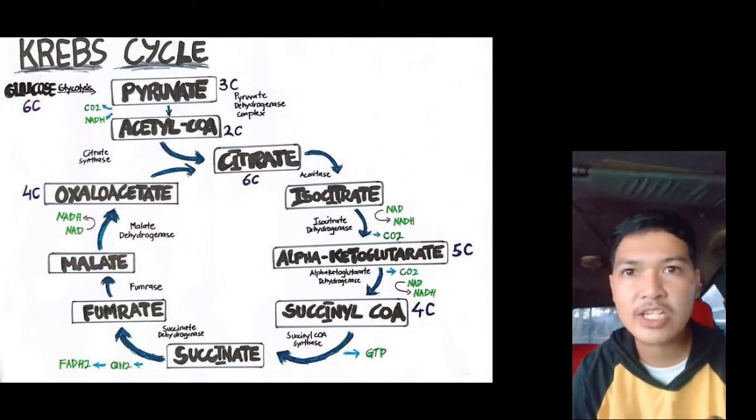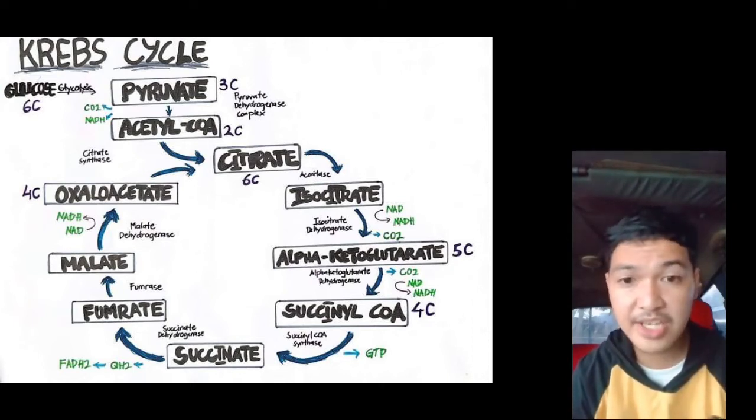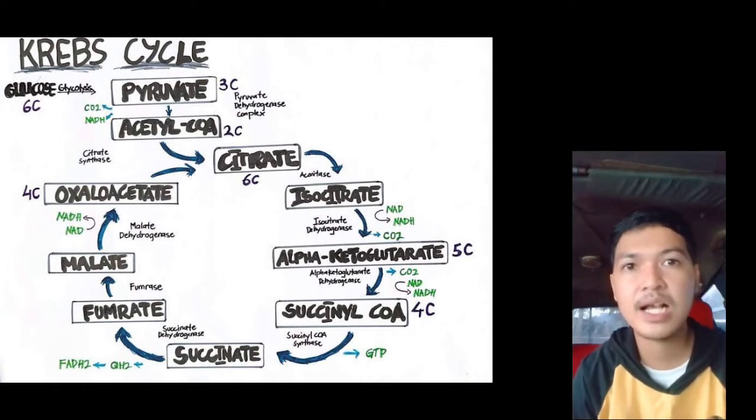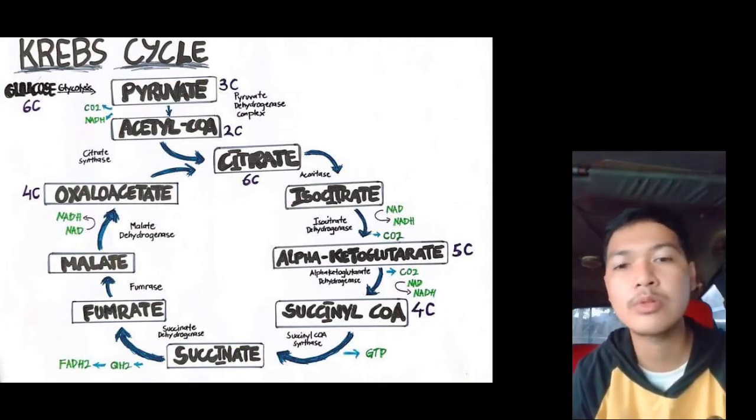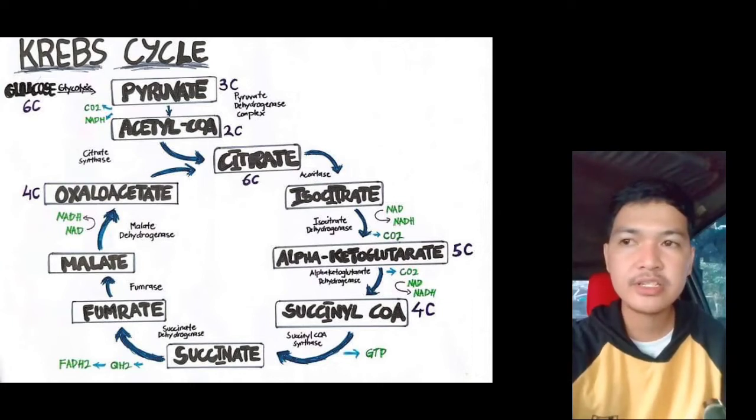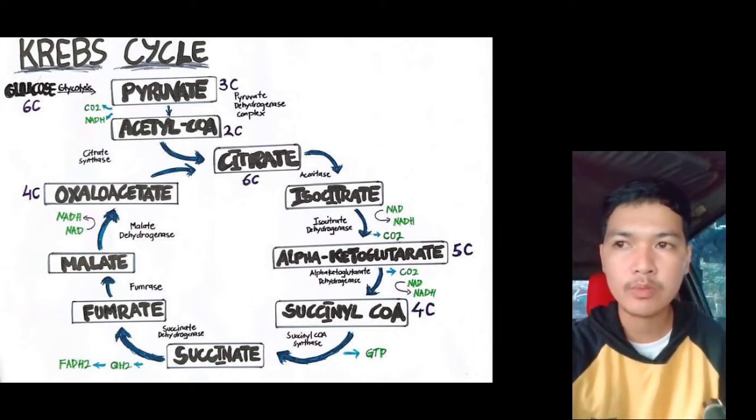In this reaction, a molecule of carbon dioxide and a molecule of NADH are generated. Acetyl-CoA is a 2-carbon compound. The acetyl-CoA combines with oxaloacetate, which is a 4-carbon compound, to form citrate. Citrate is a 6-carbon compound. This reaction is catalyzed by the enzyme citrate synthase.